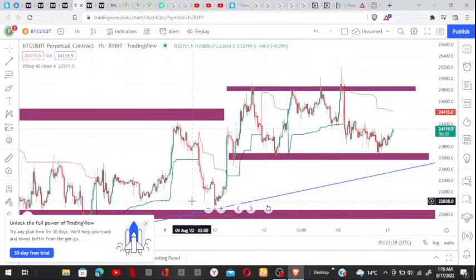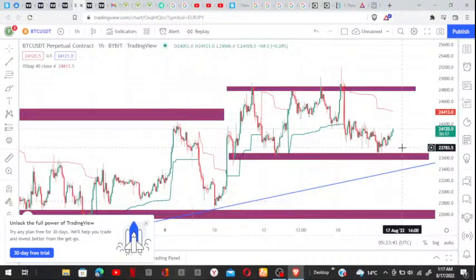But generally, I remember when I was learning more about trading, I was taught that once you see an area like this is our resistance, this is our support, once you see that a certain level has been hit twice or maybe 4 times, you need to be more careful when entering the market on the third or maybe the fourth time, because you do not know what might happen.